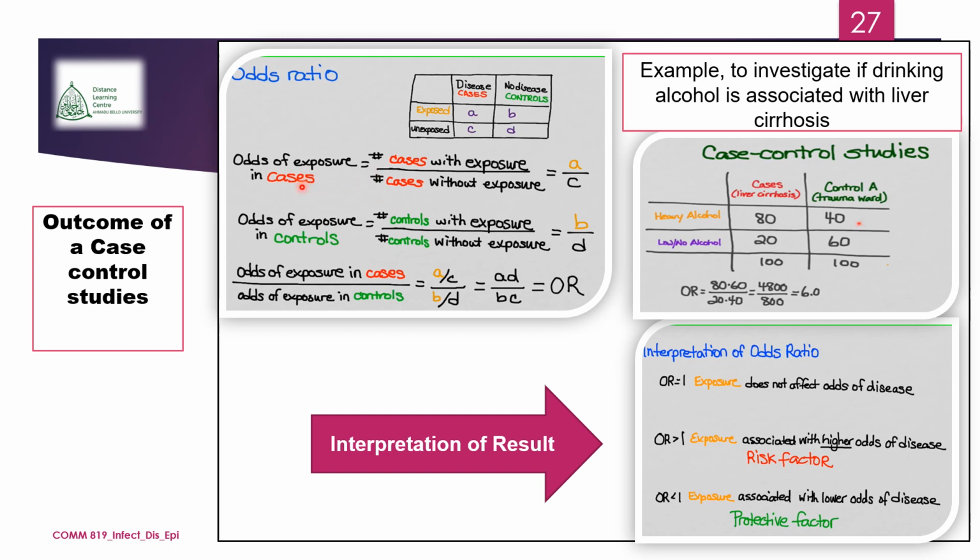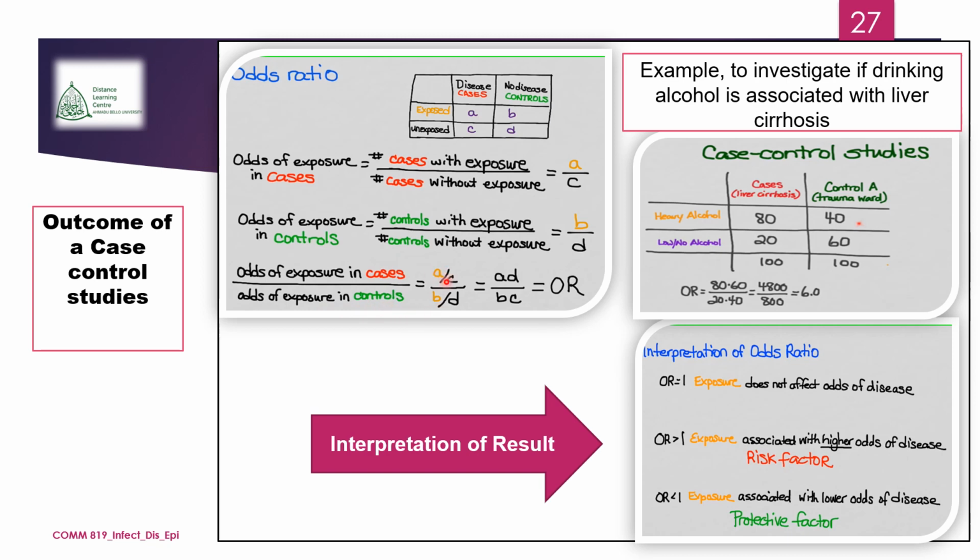Like the odds of exposure in cases will be cases with exposure, which is A, divided by cases without exposure, which is C. Then you also calculate the odds of exposure in control: control with exposure B divided by control without exposure D. Once you calculate the odds of exposure in cases and in control, the odds ratio is simply the odds of exposure in cases divided by the odds of exposure in control.